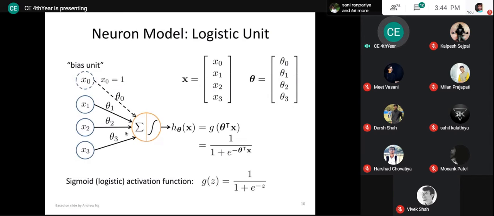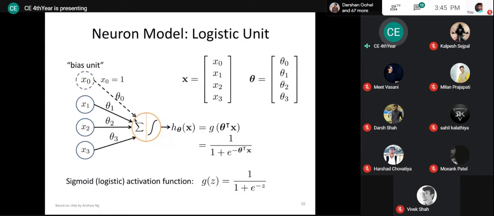Whenever we say summation, what exactly does it mean? The summation is not just x0, x1, x2, x3, but the summation with respect to the weights. So that is x0 theta 0 plus x1 theta 1 plus x2 theta 2 plus x3 theta 3. Whatever the result is, that is the summation. That is the first process done by a particular neuron. The second part is the activation.